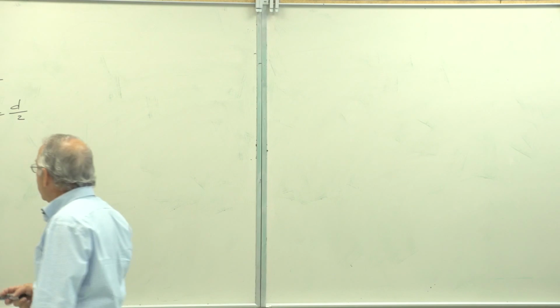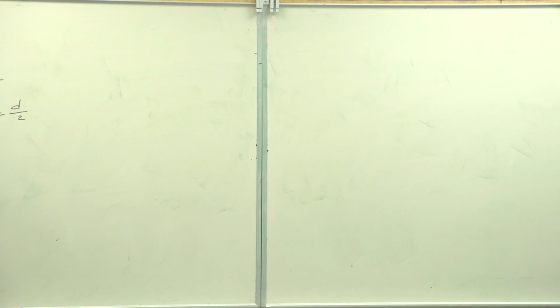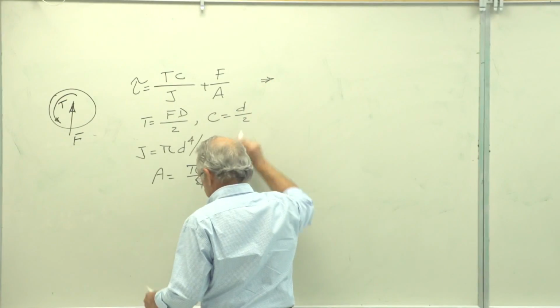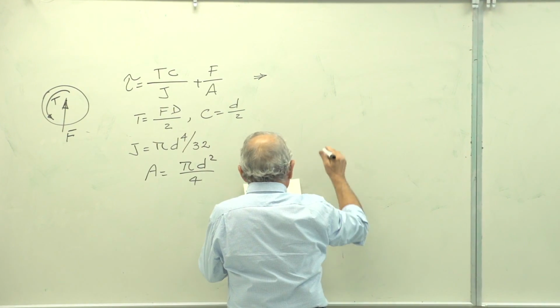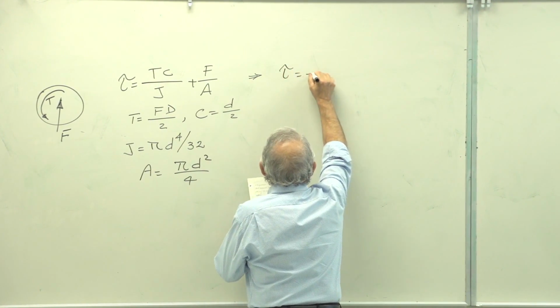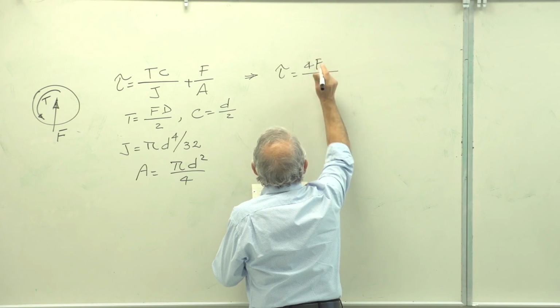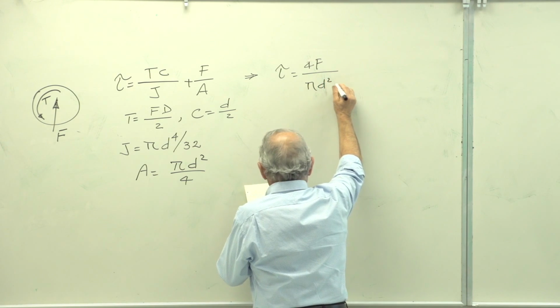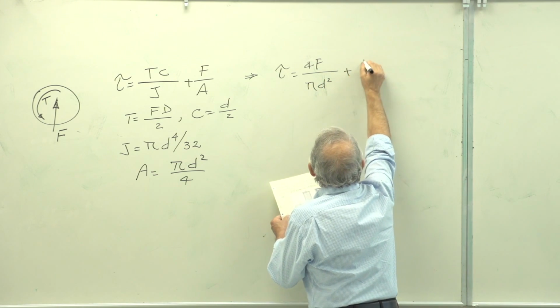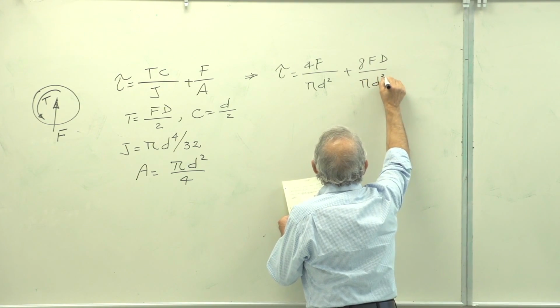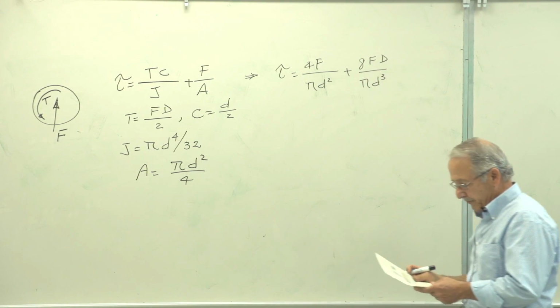All right. So, if we substitute these into this equation, this is what we get. Tau equals 4F divided by pi d squared plus 8FD divided by pi d cubed.